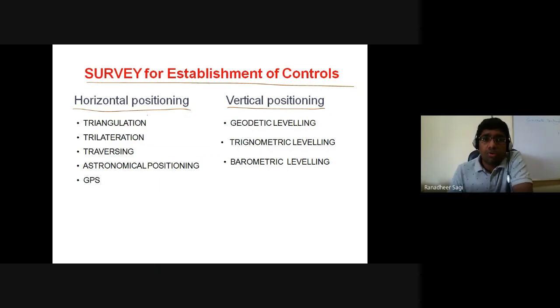So we prepare a horizontal control either by the triangulation technique, or by what is called the trilateration technique, or by the traversing technique, or by astronomical positioning based on angular measurements, or by what is called your GPS, the global positioning system.